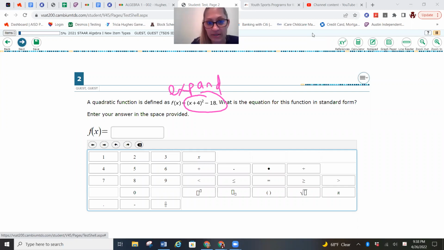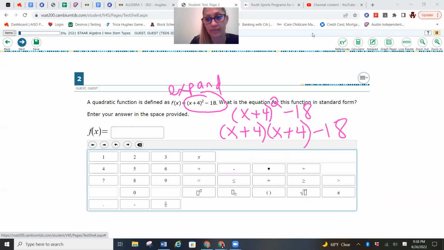What that means is take your x plus 4 and multiply everything out and then minus 18 at the end. Well, (x plus 4) squared really means to write x plus 4 2 times. Now multiply x plus 4 times x plus 4.